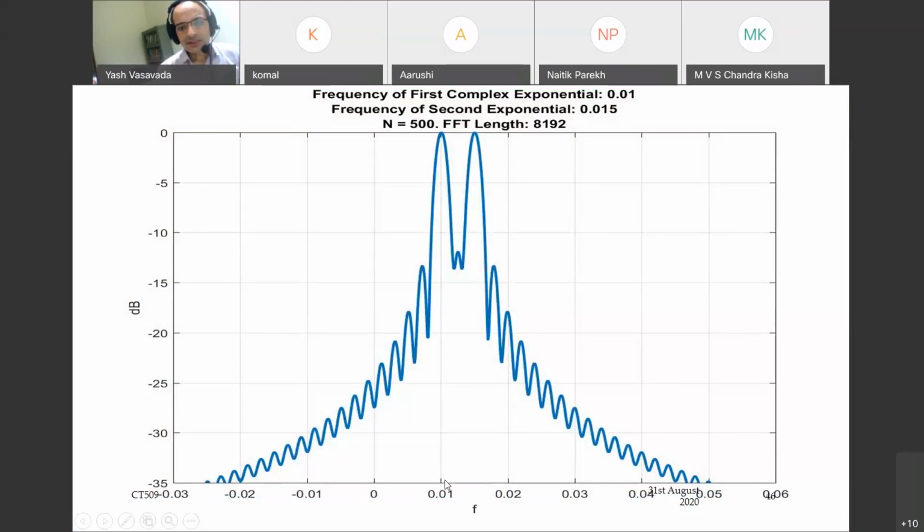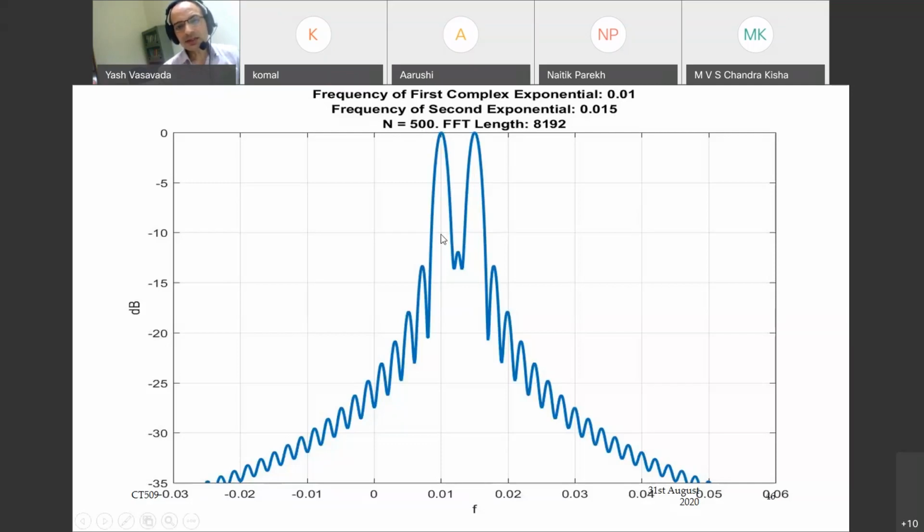I have one frequency at 0.01 and the other at 0.015. So the separation between these two frequencies is 0.005. And I am making capital N equal to 500. Inverse of 500 is 0.002, which is smaller than the separation between these two frequencies.